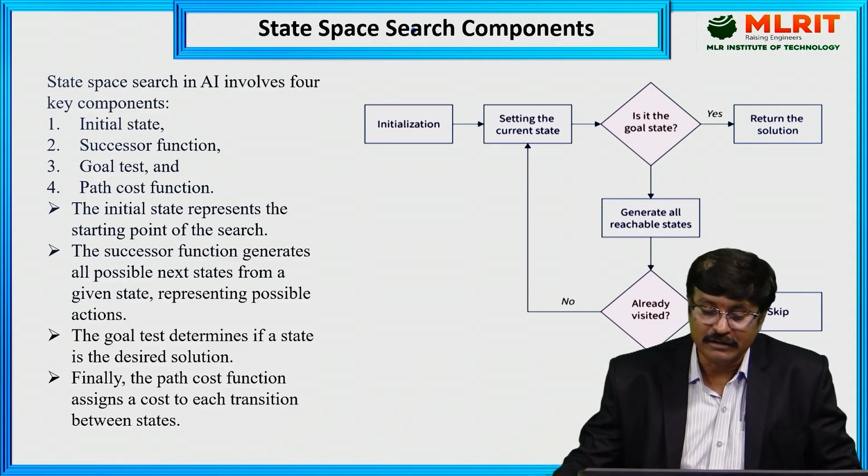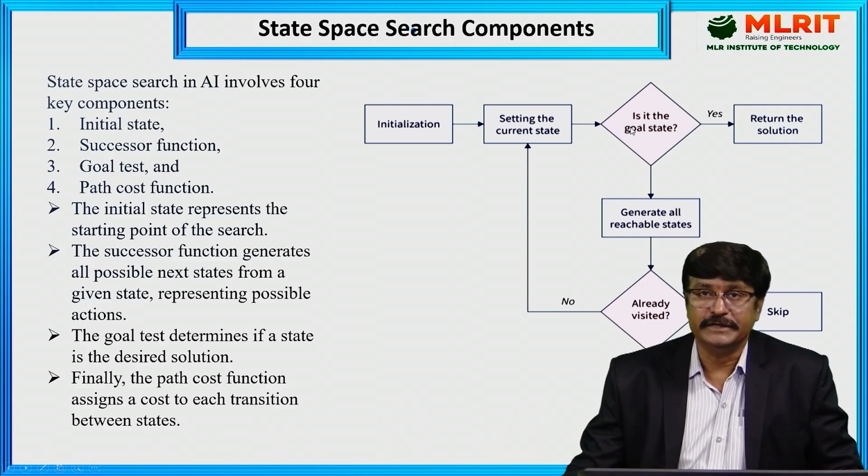Suppose this is the flow diagram. You initialize the problem, identifying the problem definition. You initialize the starting node, setting the initial node as the current state. Then you check whether it is the goal state.